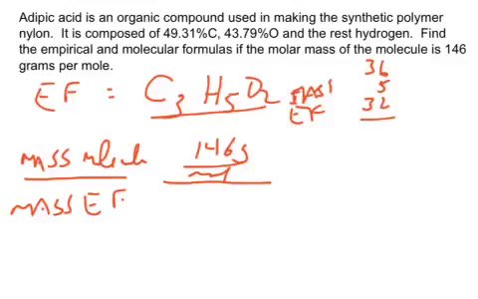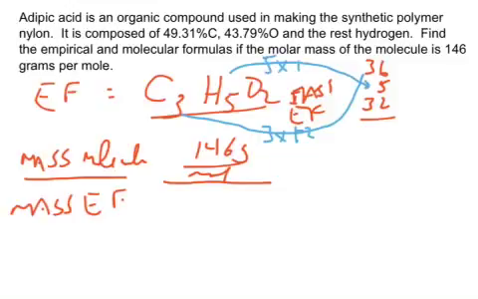Just to make sure everybody's on the same page, 3 carbons, so 3 times 12 is 36. 5 hydrogens, so 5 times 1 gives me the 5, and then 2 oxygens, 2 times 16 gives me 32.